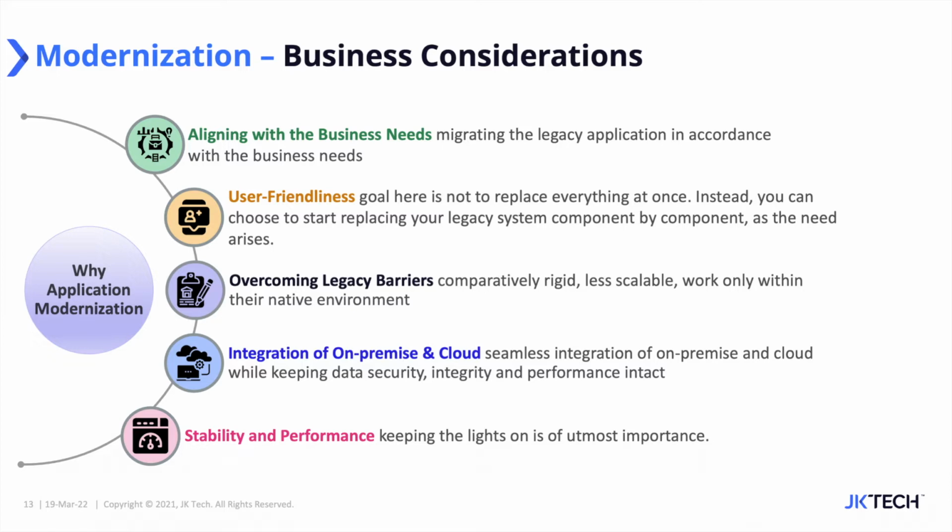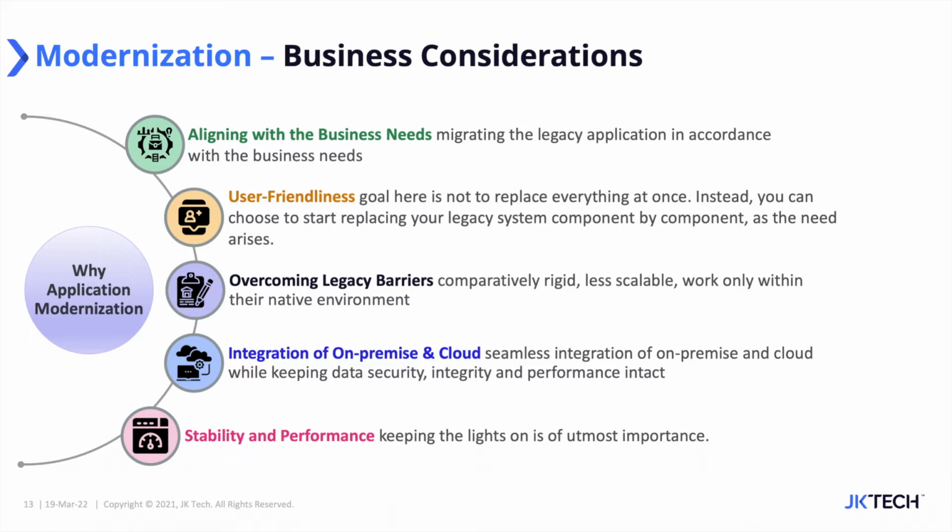This is primarily because you have very rigid monolith systems built over the years. Certainly, if it has to scale up to today's business requirements, you need to have a very different thought process. So that's where the modernization journey needs to be undertaken.